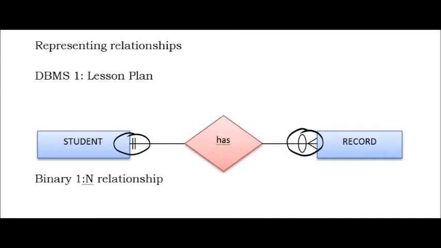As you can see, the cardinality notations I've used here are two straight lines near my student entity and an oval shape followed by a crow's feet near my record entity. So it means a student has 0, 1, or many records.